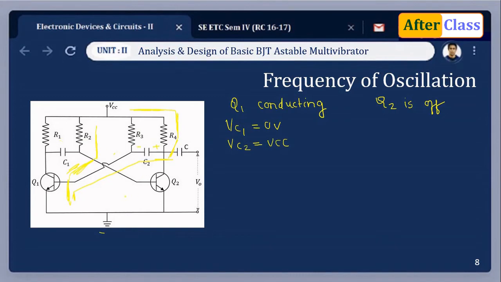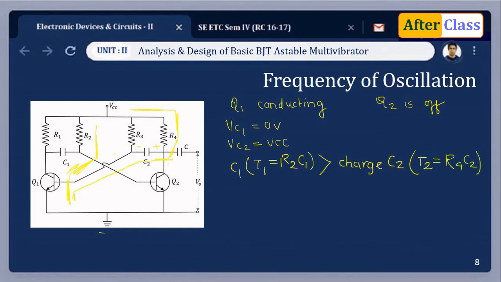Now the time taken by the capacitor C1 to discharge is greater than the time taken to charge C2. So to discharge capacitor C1, let us denote the time as T1. It is R2 C1, which is greater than the time taken to charge C2 for time interval T2, equal to R4 and C2.